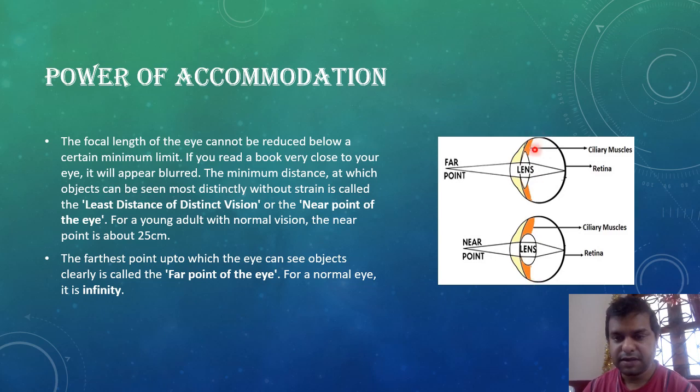In the case of the far point, they are far more relaxed to allow more light to come through, and in the case of the near point, they are contracted to allow less light to come through, and that allows us to see objects which are nearby.